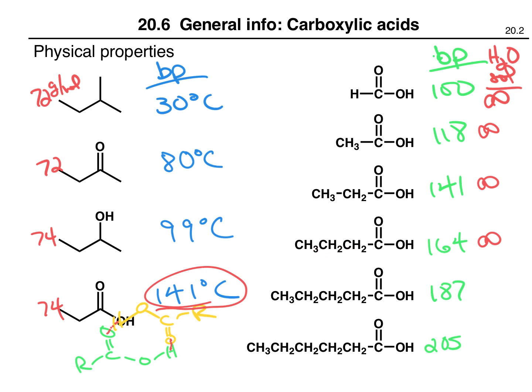But by the time we get to pentanoic acid, which has 5 carbons, now we see a decrease in water solubility. This is only soluble to the extent of 5 grams in 100 mL of water. And the 6-carbon carboxylic acid, it's 1 gram per 100 mL.